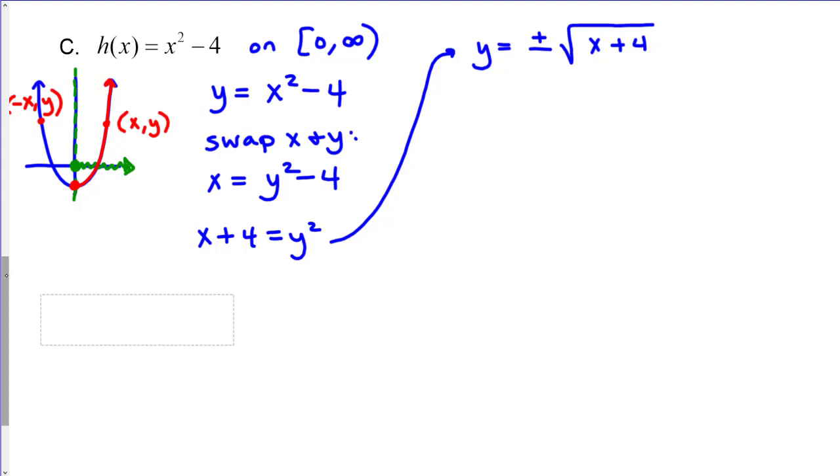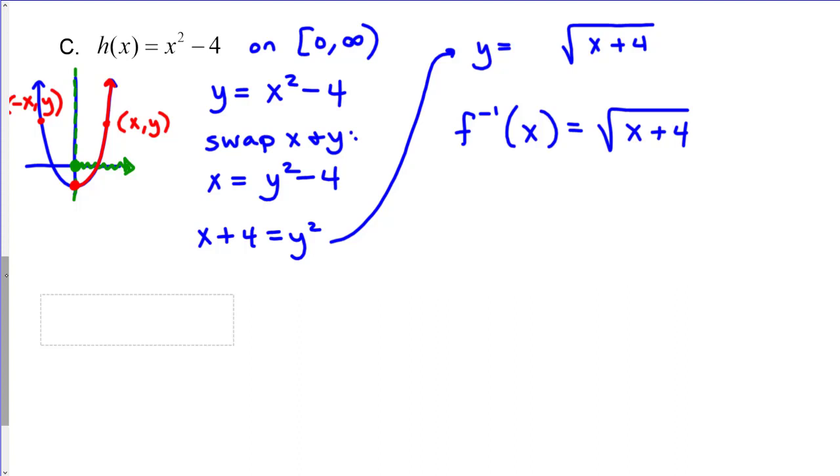But with that domain restriction, all of my x values are positive, which means the result of everything in this square root is going to be positive. So we don't need to worry about the positive or negative. So this is just a function now. So I get f inverse of x is just the positive square root of x plus 4.